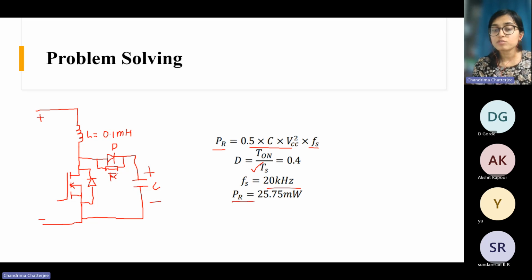So you can find out the power rating of this resistance. You understood, right? The snubber circuit and its operation, and how we can find out the C and R values.